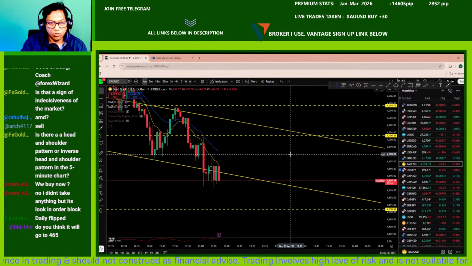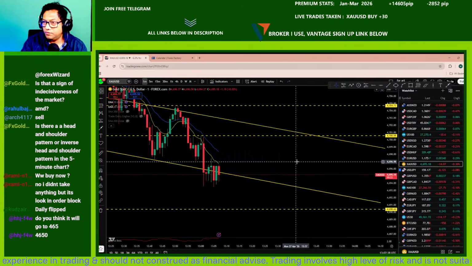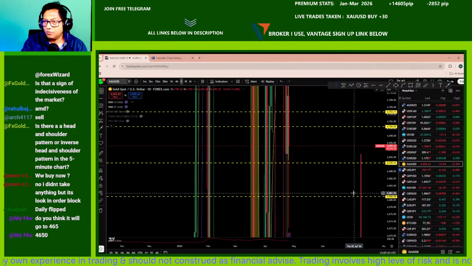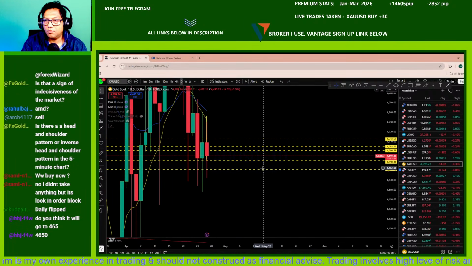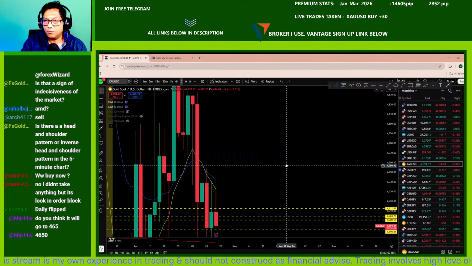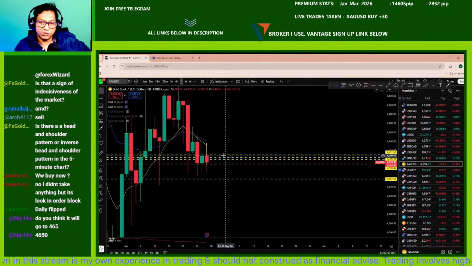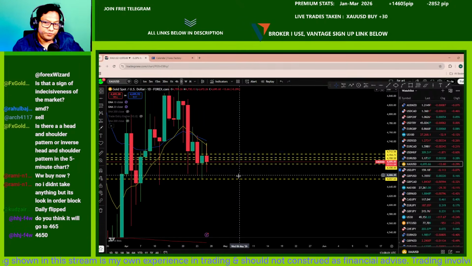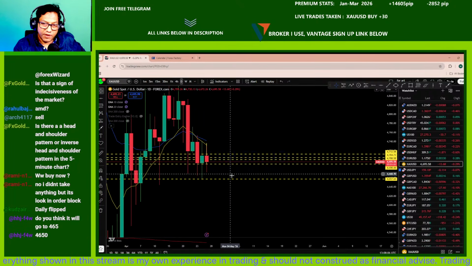Do you think it will go to 4650? Still possible because the bias here is on the downside. The price has tested the upper shadow. It can drop even a lot.